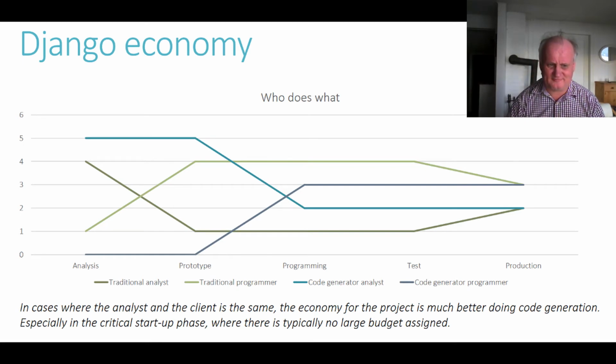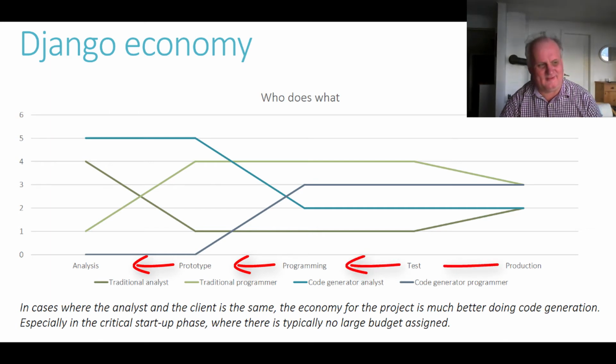The third argument I have is that code generation is a lot faster than traditional Django programming once you get the hang of it. So you will also be in a position where you can have a prototype in a day instead of a week. In this graph, I have not taken these things into consideration, but that's another factor.